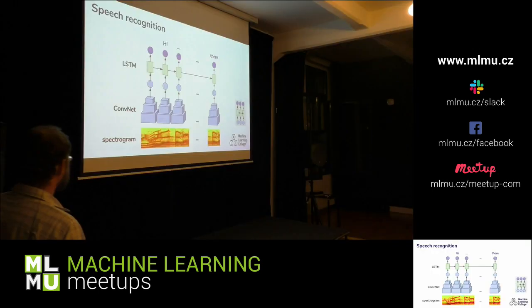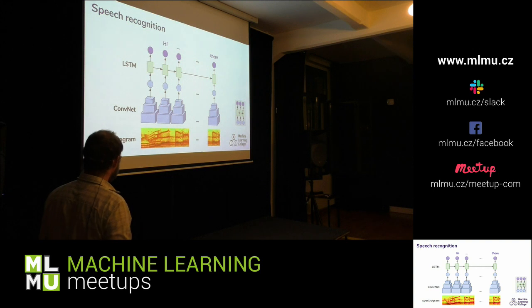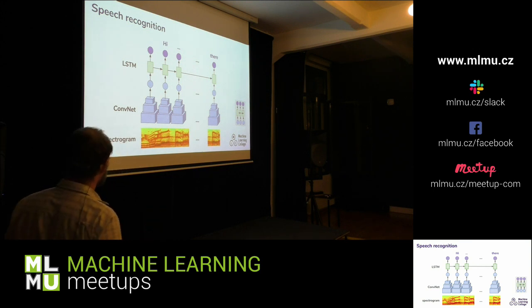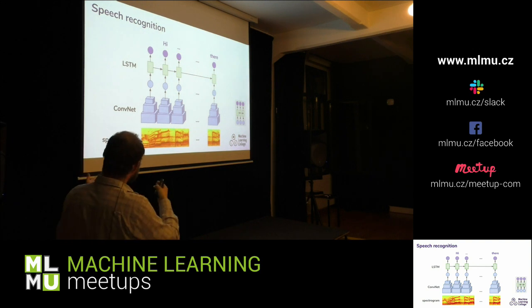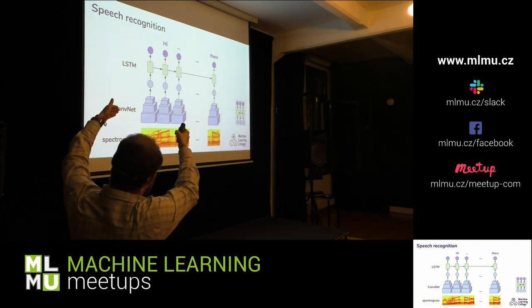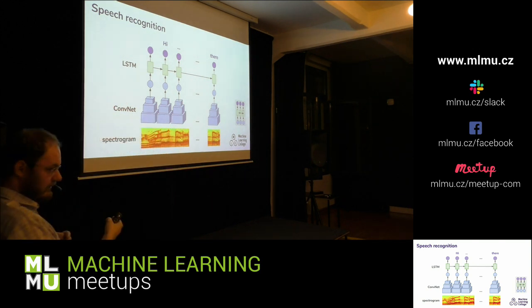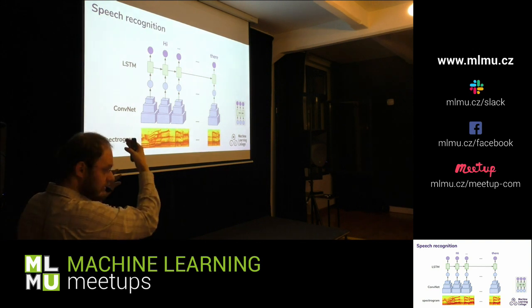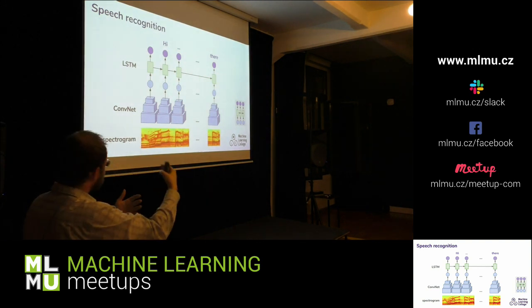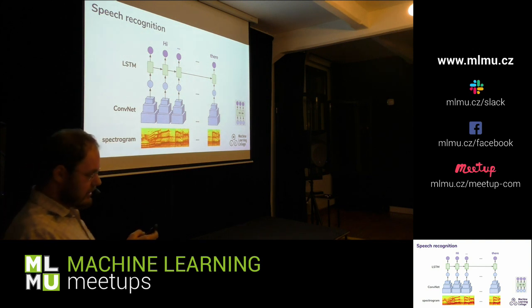Or I can take a more abstract or artificial image, like a spectrogram, which is a graphical representation of sound. I can use convolutional nets and stick an LSTM on top of that and let the network at the top decide whether it should output a word or just wait for more data and output the word after that, and create a speech recognizer out of that.